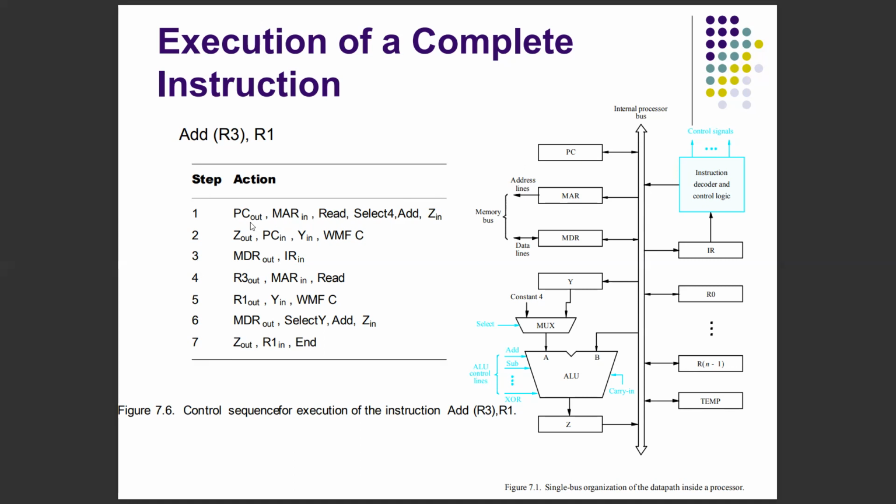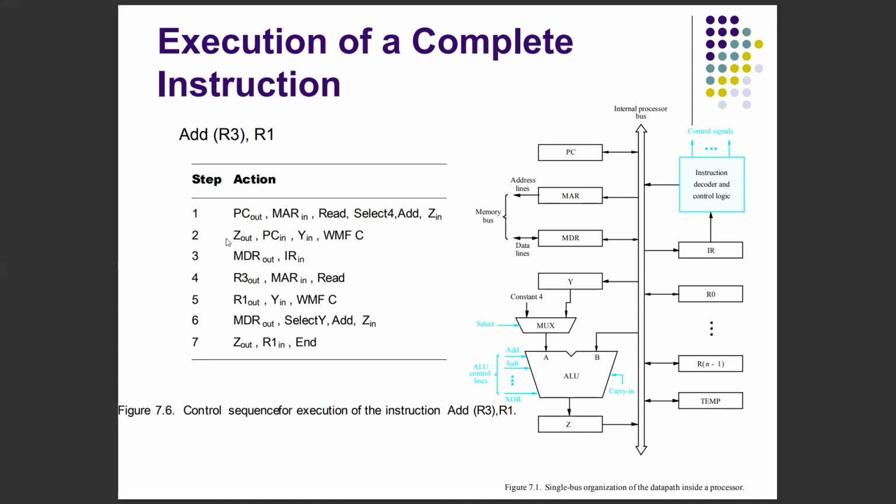That is PC out: we take the PC value, transfer it into the MAR and initiate the read cycle, select 4 in the MUX, add it with the previous content of PC and transfer that into Z in. These six operations are held in parallel in cycle 1.